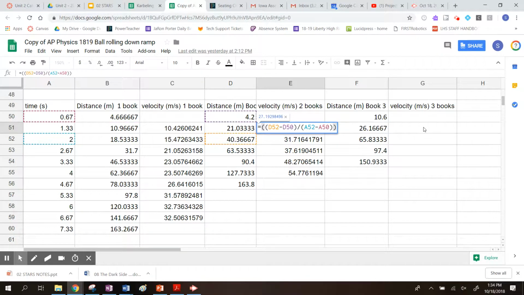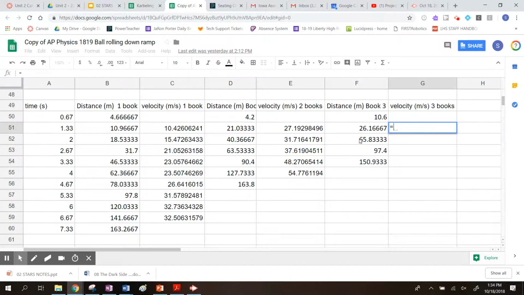And I'm going to go ahead and do that for 3 books because I haven't done it yet. So I'm going to say that's equal to, oops, I need a parentheses, big minus little. Never have too many parentheses. When in doubt, add parentheses. And then divided by big minus little. Okay, it's just thinking slowly.